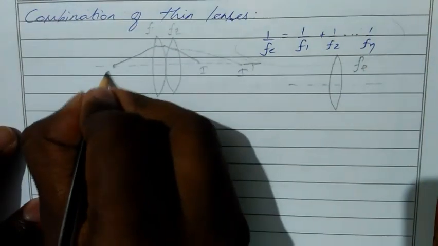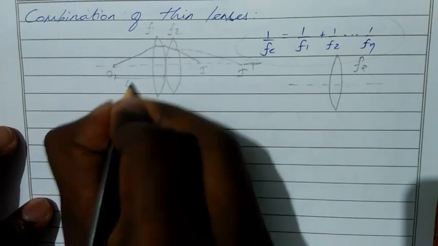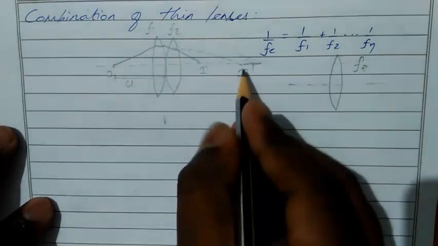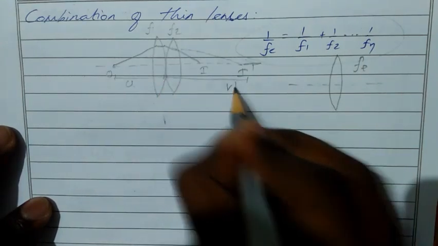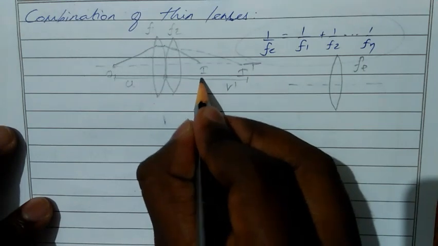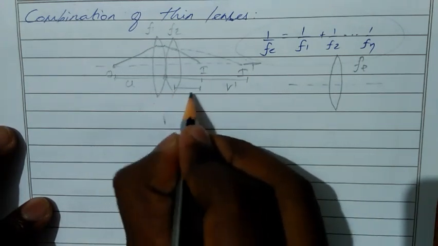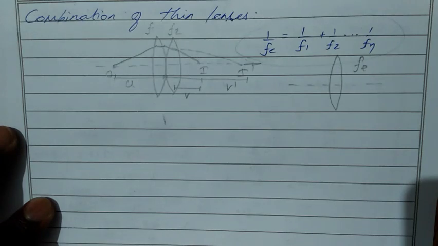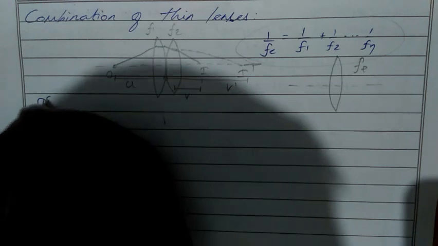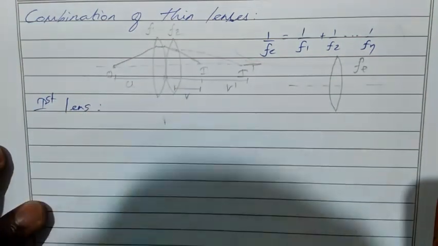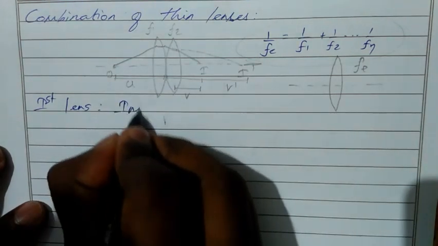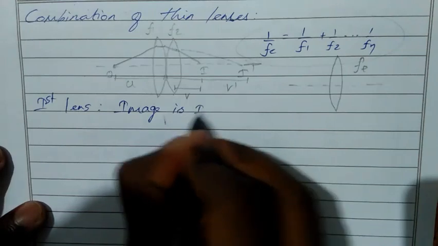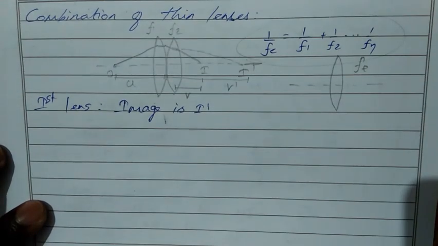Okay. So here we have object. This object distance is taken as u. Here we have initial image of first lens, so this distance is taken as v dash. And for our final resultant image, this length is taken as v. Clear? So for first lens, our image is formed at I dash. What is the formula?